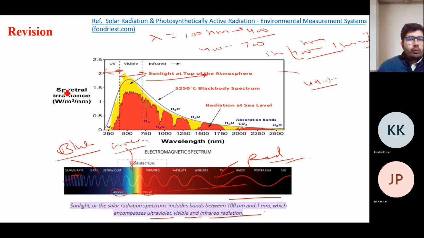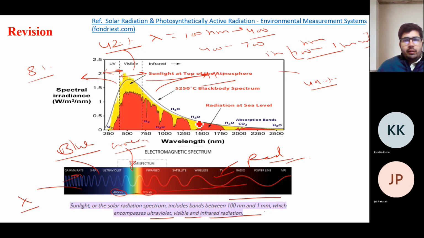This UV light has around 8% contribution in the heat. Infrared has around 49% contribution, and the visible spectrum has 42% contribution. The UV wavelength ranges from 100 nanometers to 400 nanometers.